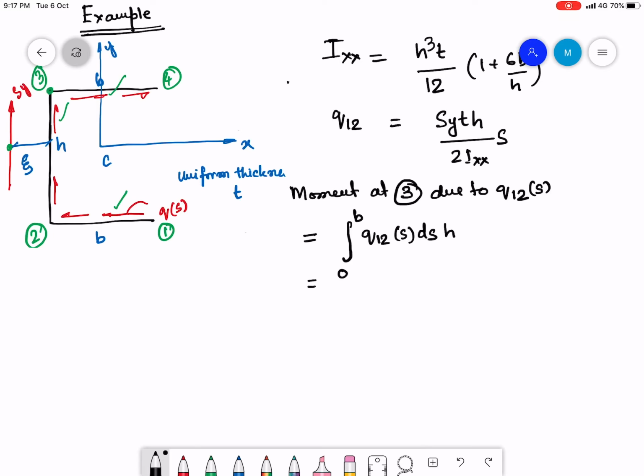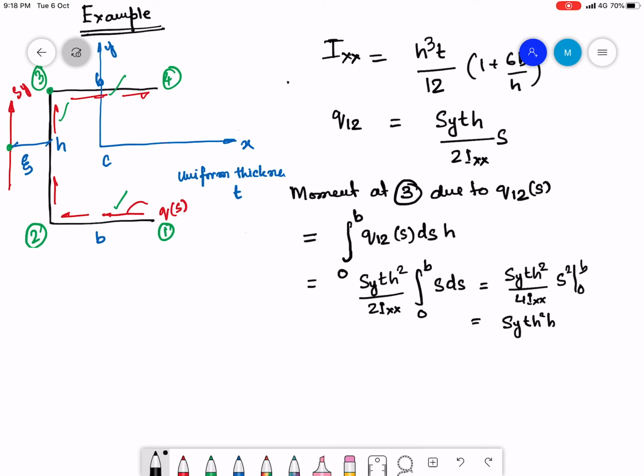If I write that down, I have Sy t h square by 2 Ixx, integral from 0 to b of s ds, which is Sy t h square by 4 Ixx into s square from 0 to b, which is Sy t h square b square by 4 Ixx. Okay, so this is the moment produced by the internal shear flow.